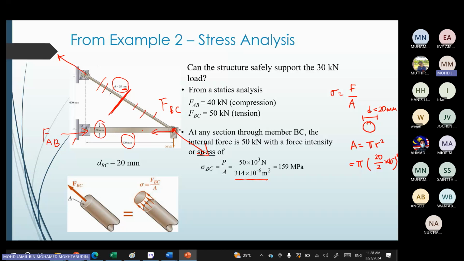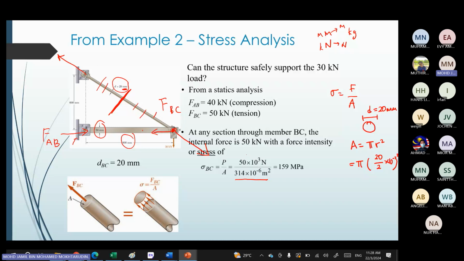Do not use millimeter because it will confuse you later during your calculation. So always convert every unit into the SI unit: in meter, in Newton, in kg. Jangan letak dalam millimeter, dalam kilonewton. Make sure you convert it into meter and also Newton, so that you tak buat salah dalam pengiraan.